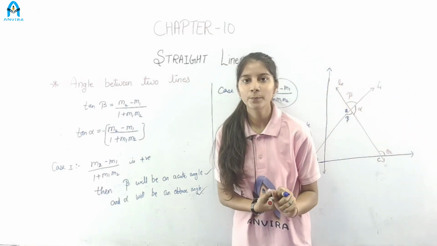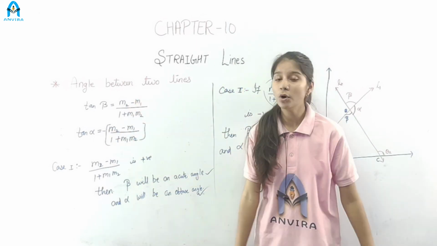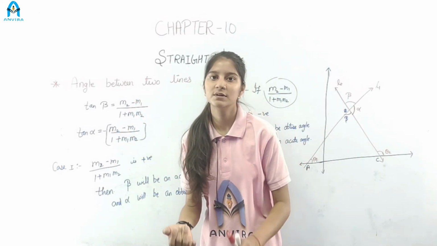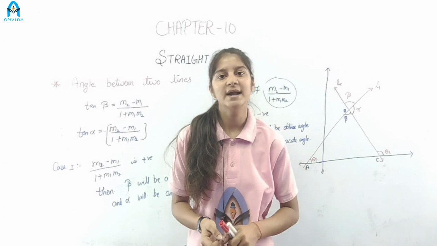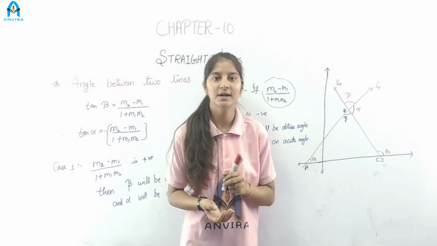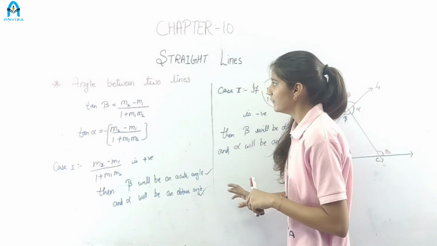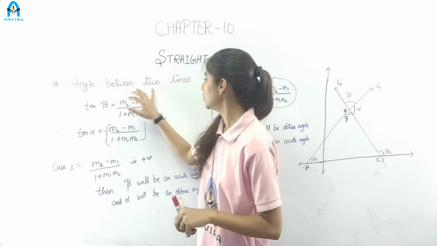So I hope you got that. If we are given the slopes, we can find out whether the lines are parallel, the lines are perpendicular, or at which angle both the lines intersect each other. So here we will get the angle between the two lines.